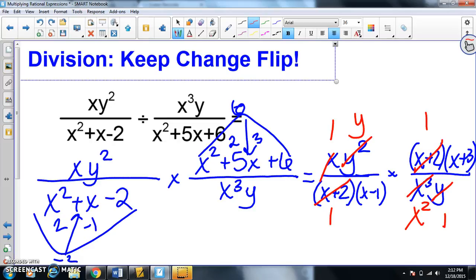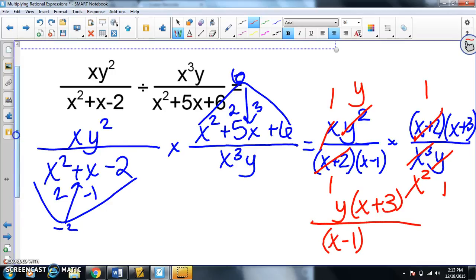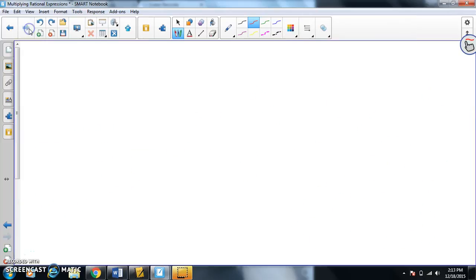I cannot simplify x plus 3 with anything, so I'm going to keep it there. I'm going to multiply my numerator, and I have y times x plus 3 over x minus 1 times x squared. That is my answer, and that's it for today.